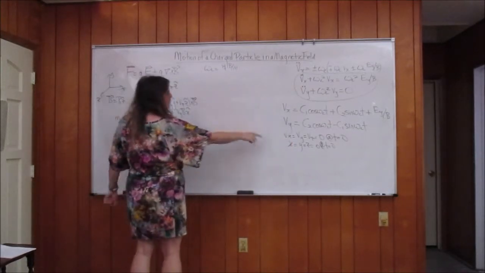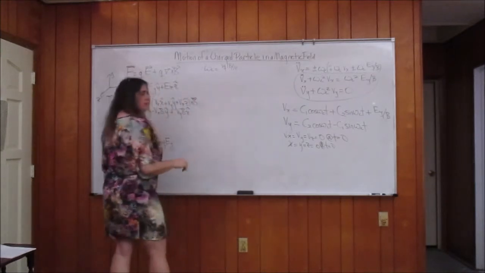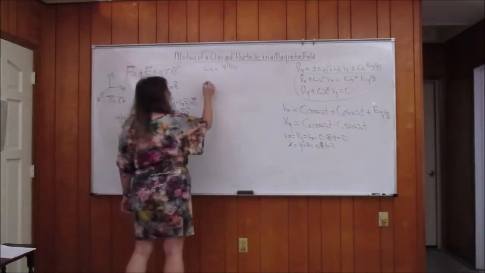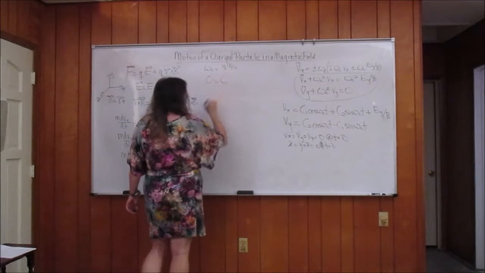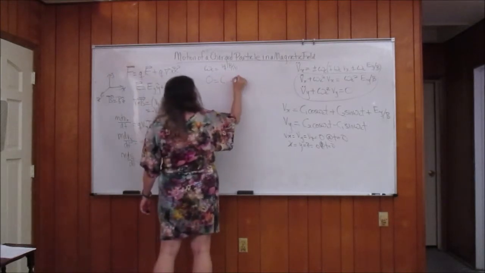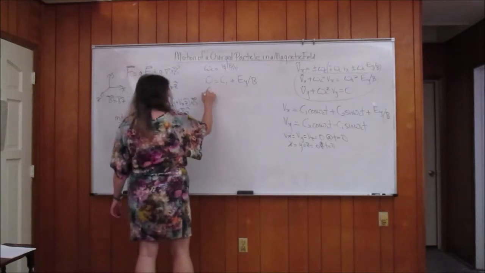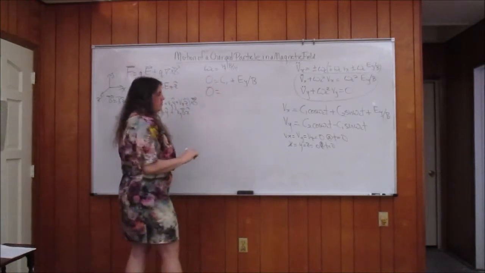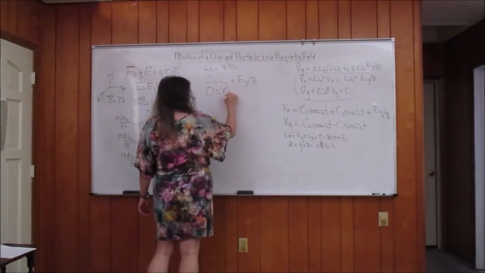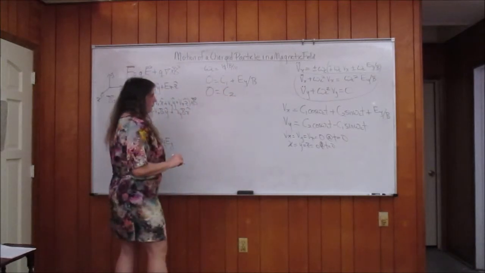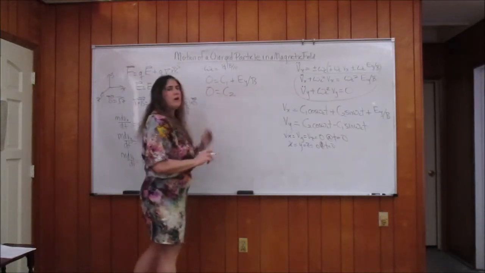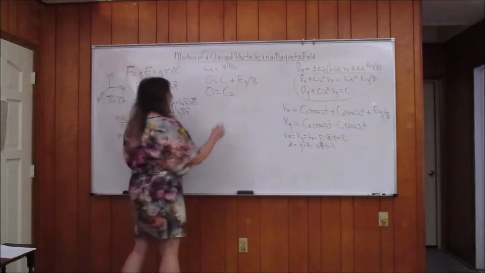Okay, so in the first case, applying the condition that the velocities vanish at time 0, we wind up with C1 is equal to C1 plus Ey over B. Second condition, Vy vanishes, gives us C2 is equal to 0. Sine terms automatically drop out at time equals 0.